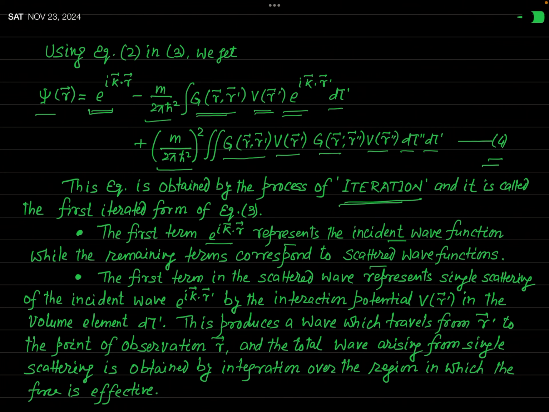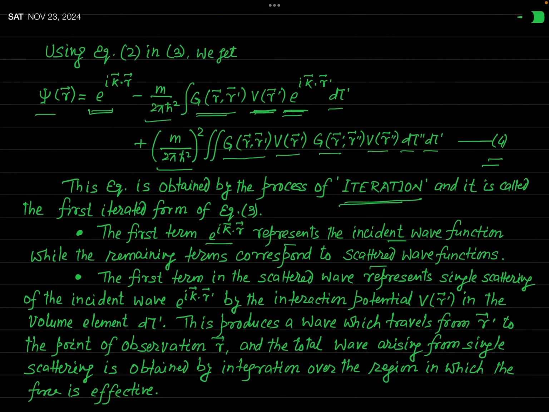This first term in the scattered wave represents the single scattering of the incident wave e to the power i k dot r dashed. This e to the power i k dot r dash is actually the incident wave, and this has been scattered by the interaction potential V of r dash.